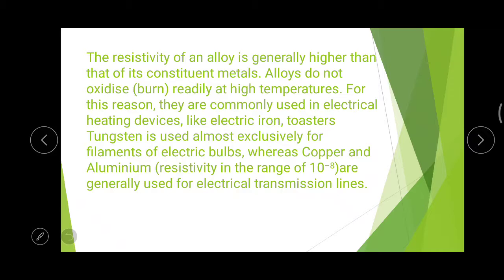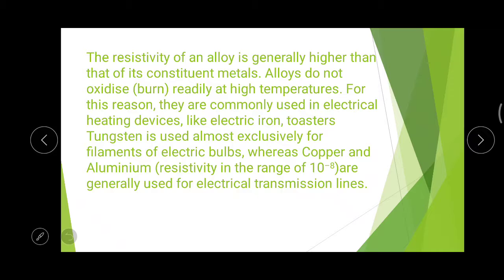Okay, as well as another alloy, that is tungsten. Tungsten is used almost exclusively for filaments of electric bulbs. If you have seen the 100-volt incandescent lamps, the tungsten filament is there.